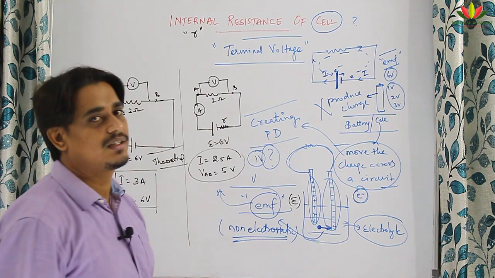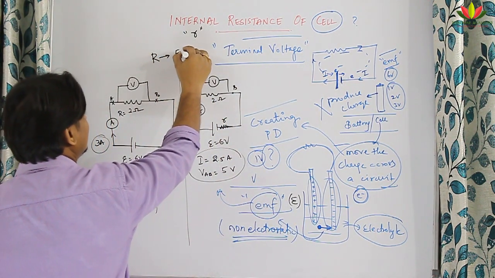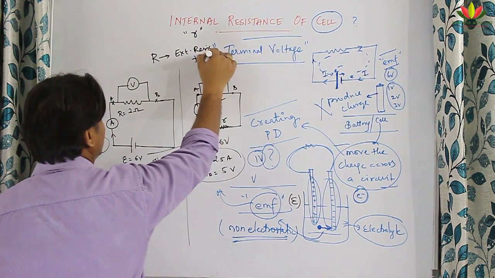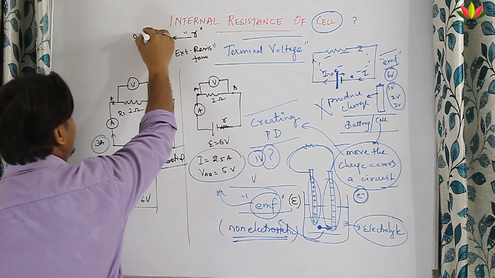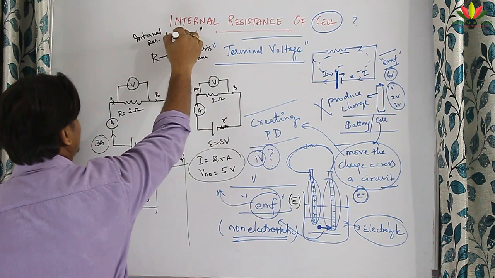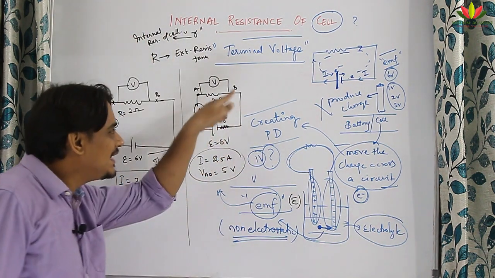When you see capital R, generally it is the external resistance. When you see small r, it will become the internal resistance of cell. So, this small resistance is actually eating up.